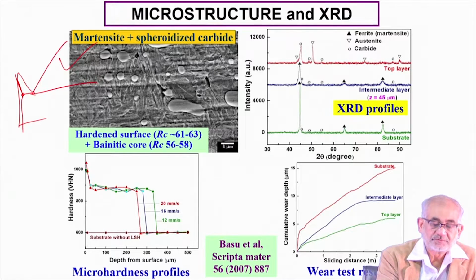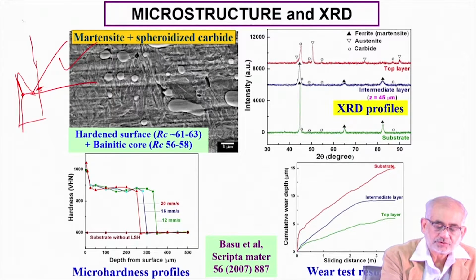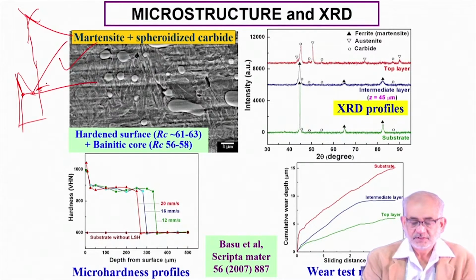So we are talking about 1% carbon, so somewhere here. So we would like to heat maybe up to somewhere around this temperature, but not so high that we cross the solidus temperature. So we should not go all the way up here. We should confine the heating effect to such a level that we only go to austenite, pure austenite or austenite plus cementite in this double phase region.